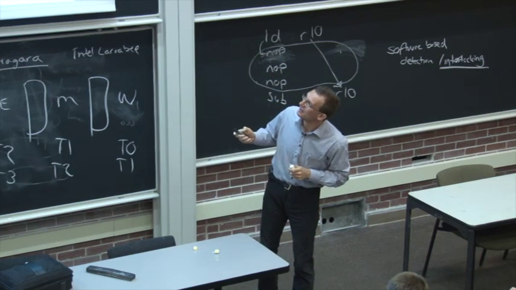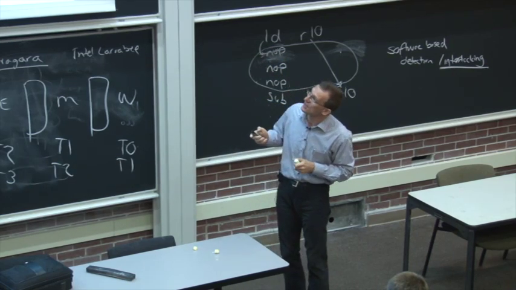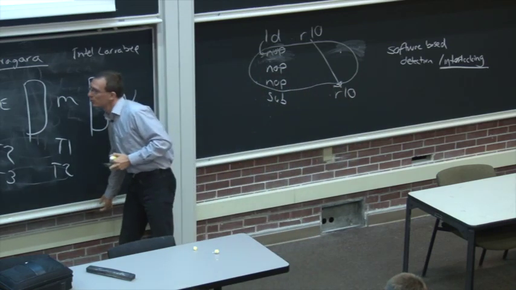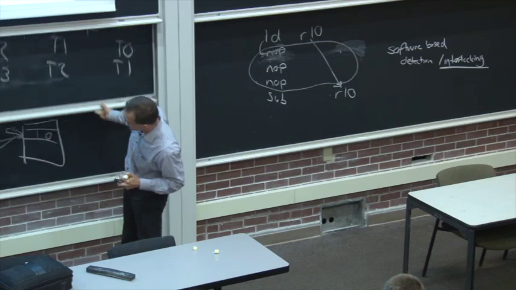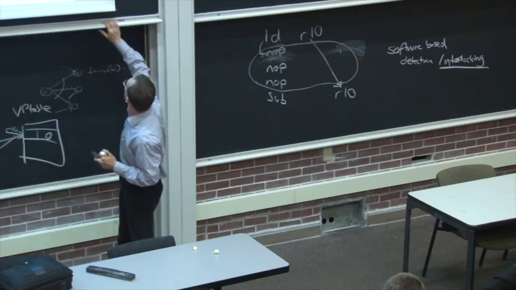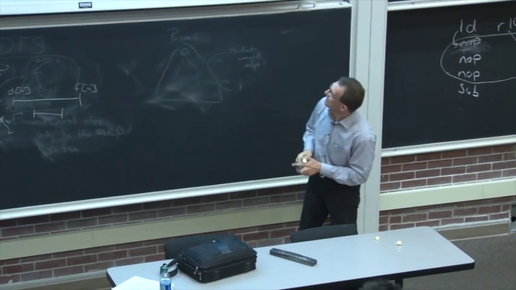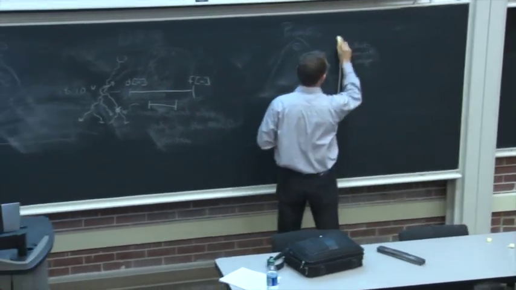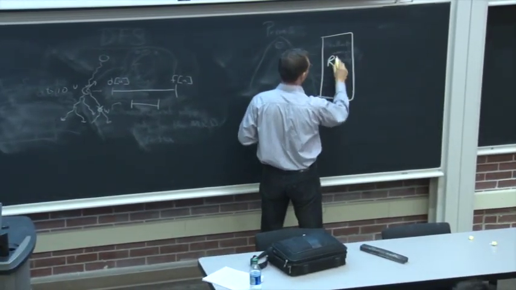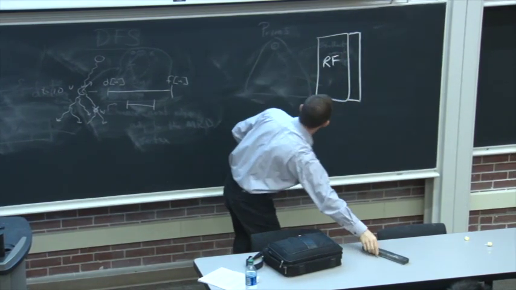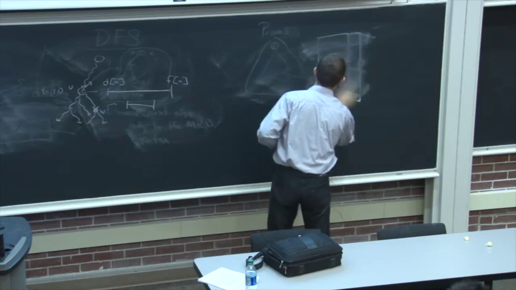Okay. So how do you detect dependencies in hardware? Let's take a look at that. There are 2 ways. One is scoreboarding. The idea is simple. You have the register file. You add a valid bit. Let me put this register file to the left.